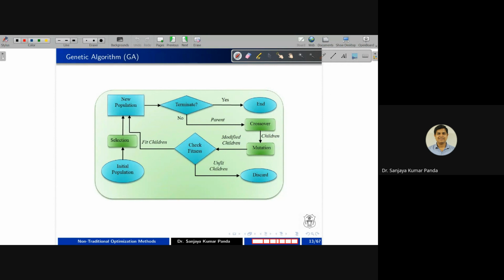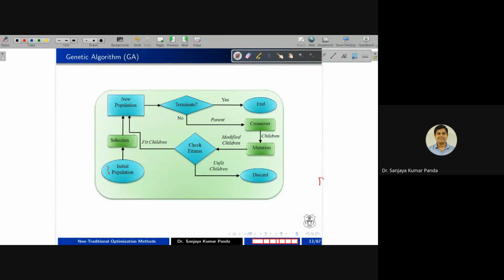For example, suppose you are solving your research problem and you found that a genetic algorithm is really required, so you have decided to apply it. Now the first question that arises in your mind is, how many initial population should I take? So what is a population? A population is a set of solutions.